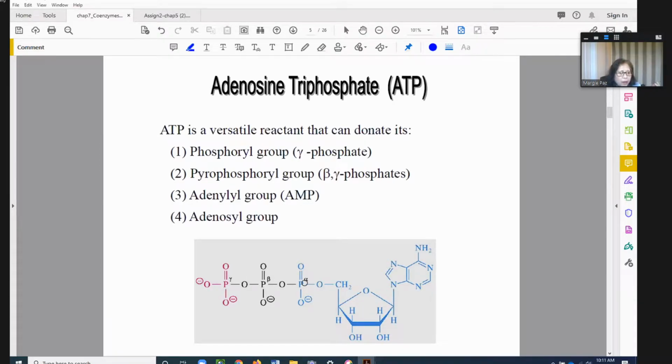So ATP is a versatile reactant that can donate a phosphoryl group. This is the most common group donated.